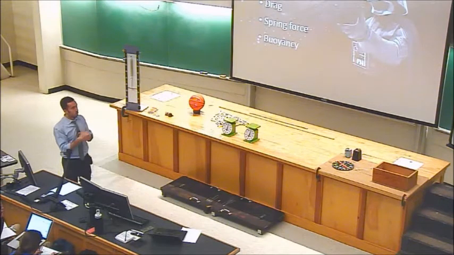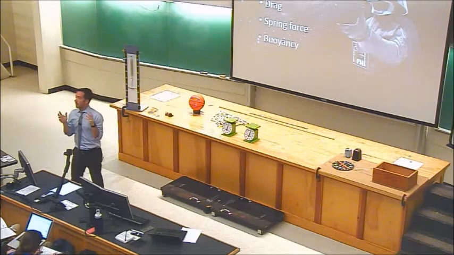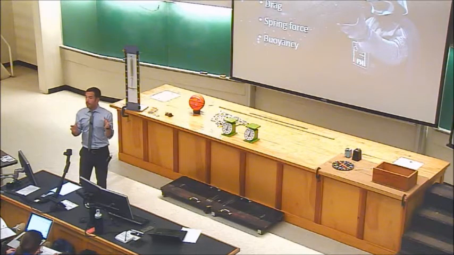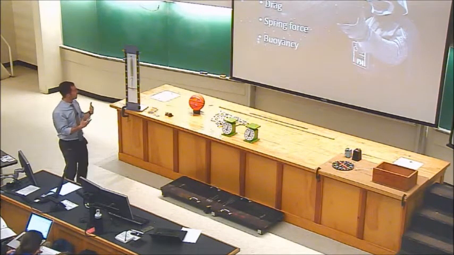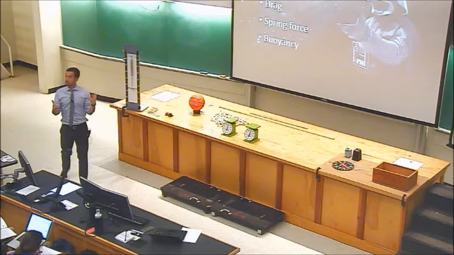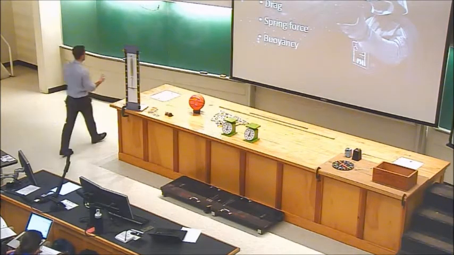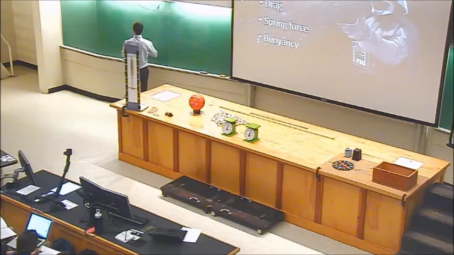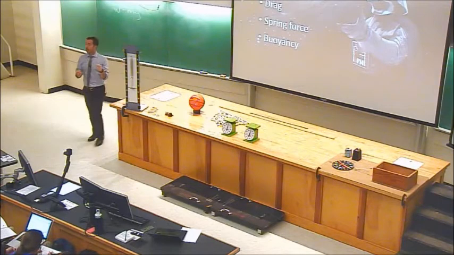So first, weight, I don't think I'm going to spend much time on. I've already explained that weight is a special case of F equals ma. When I say weight, I can calculate it. It's worth writing down that nice relationship. That's the relationship for weight.